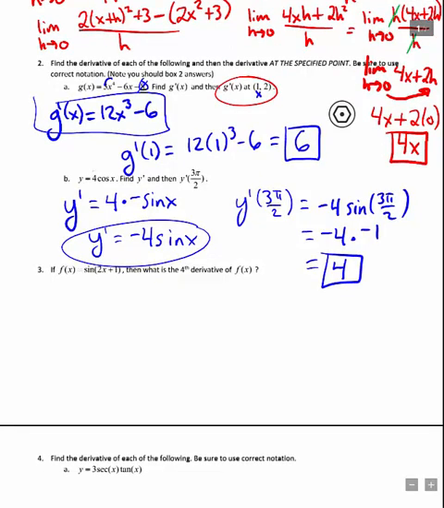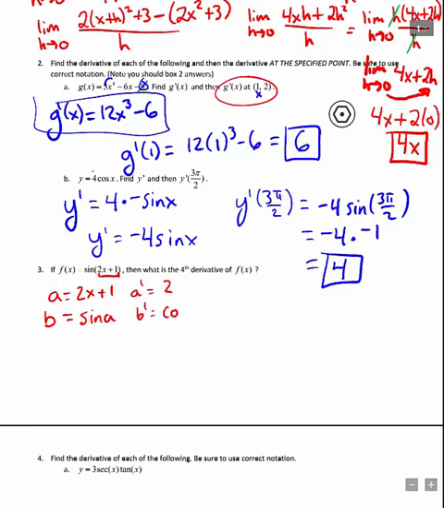Alright, question 3 asked us to find the fourth derivative. So again, if we notice that we have a chain rule, I really want everyone to be doing the AB method right now. So the inside term here would be our A, so we're going to say A is 2x plus 1, B is equal to sine of A. And then A prime would equal 2, B prime would equal cosine of A, which is equal to cosine of 2x plus 1, right?